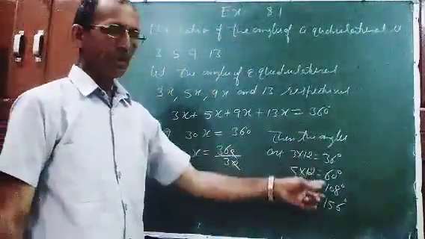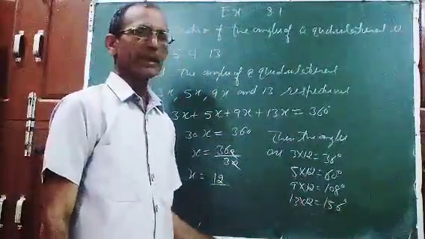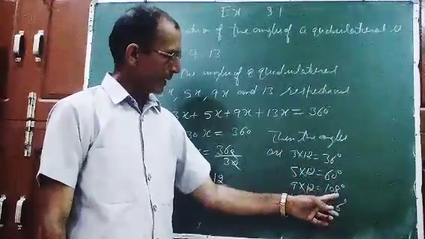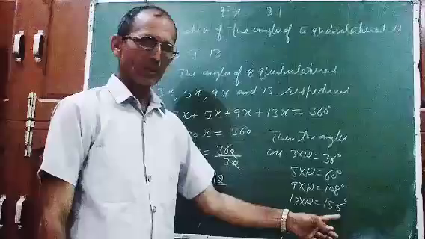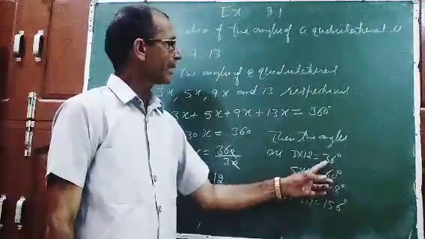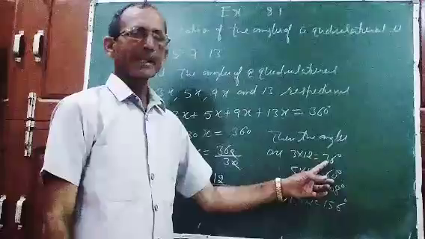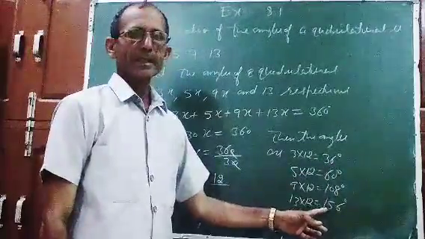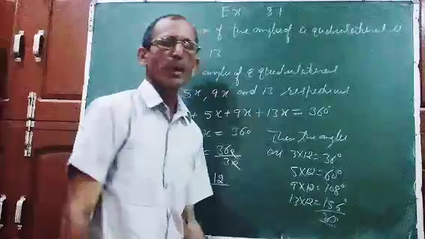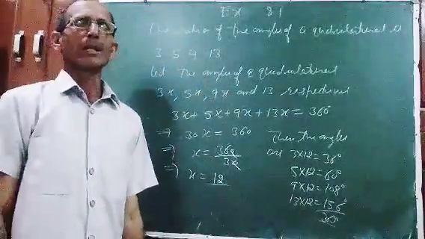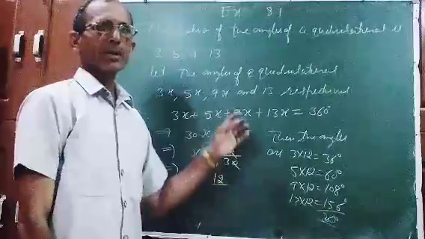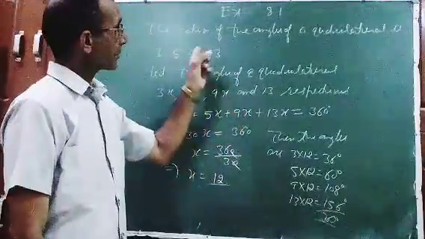If I add all these 4 angles, their total will be 360. You can verify: 6 and 8 is 14, 14 and 6 is 20, 2 carry, 5 and 2 is 7, 7 and 6 is 13, 13 and 3 is 16. So the total is 360. The sum of the angles of a quadrilateral, as you already know, is 360. Have you understood? Okay.